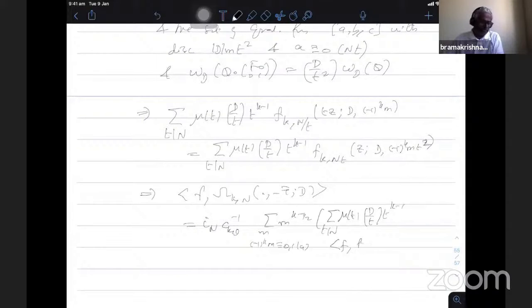So now I make this one with the original sum; this one is replaced by that, therefore I have put f_{k,n,t} is a d minus 1 4 k m t square, into e power 2 pi i m tau.